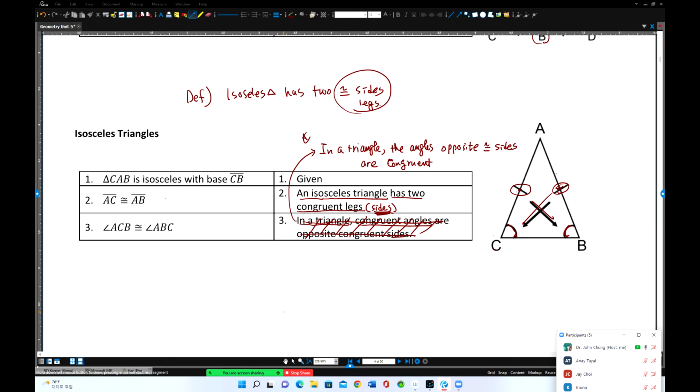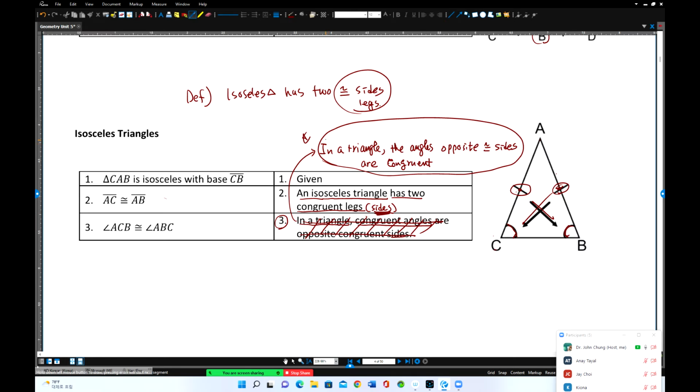Using these two congruent sides, now you can say additionally something about the angles. The angles opposite congruent sides. Use this one instead of 3. In a triangle, the angles opposite congruent sides are congruent.